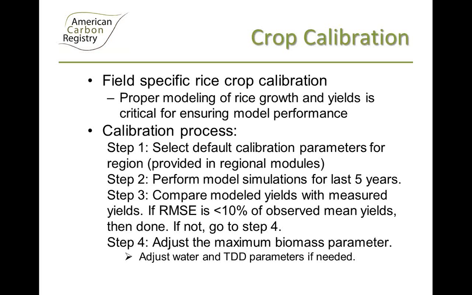If not, you then need to go in and adjust 3 potential crop parameters that are part of the crop elaboration for DNDC. The first is the maximum biomass parameter, and that's adjusted based on if your modeled yields tend to overestimate field yields, you reduce the maximum biomass parameter. If the converse is true, where the model is underestimating yields, you increase the maximum biomass parameter.